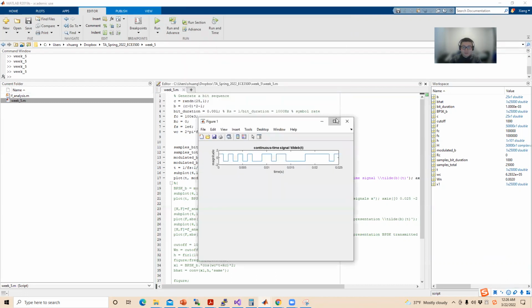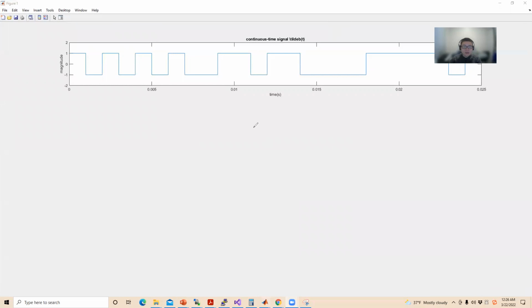Since there are 25 bits and every bit occupies 0.001 seconds, the total duration should be 0.025 seconds. So it's correct.